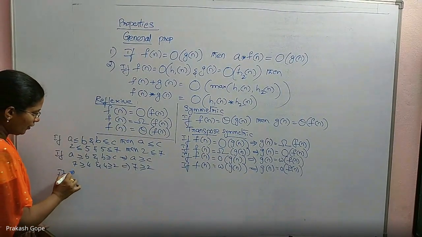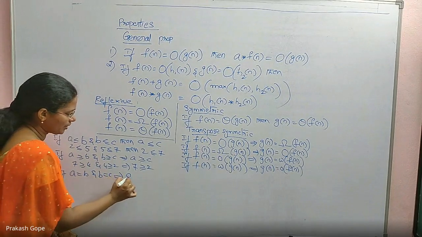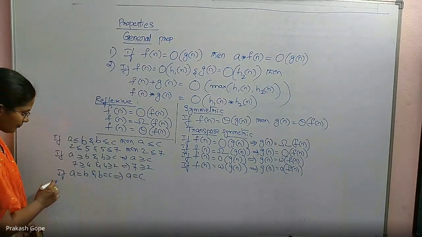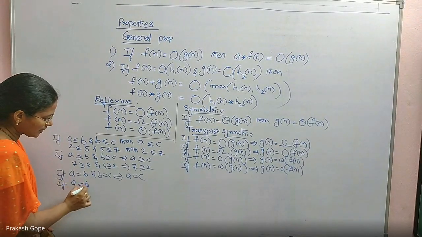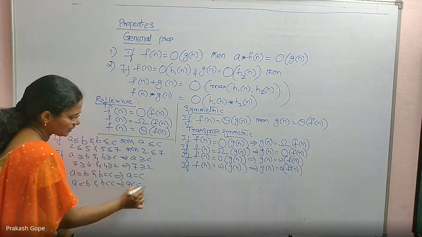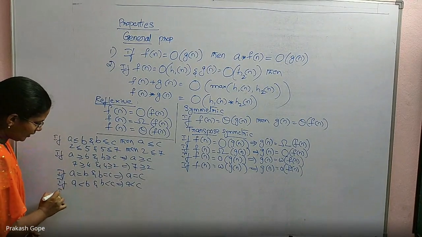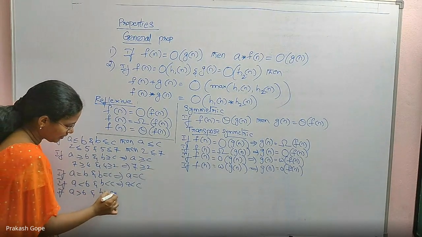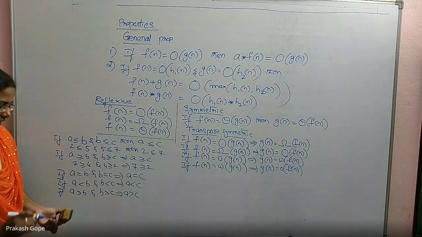And if A is equal to B and B is equal to C, that implies A is equal to C. Correct. Similarly, strictly less than. If A is strictly less than B and B is strictly less than C, that implies A is strictly less than C, no doubt. Similarly, if A is strictly greater than B and B is strictly greater than C, that implies A is strictly greater than C. Correct.